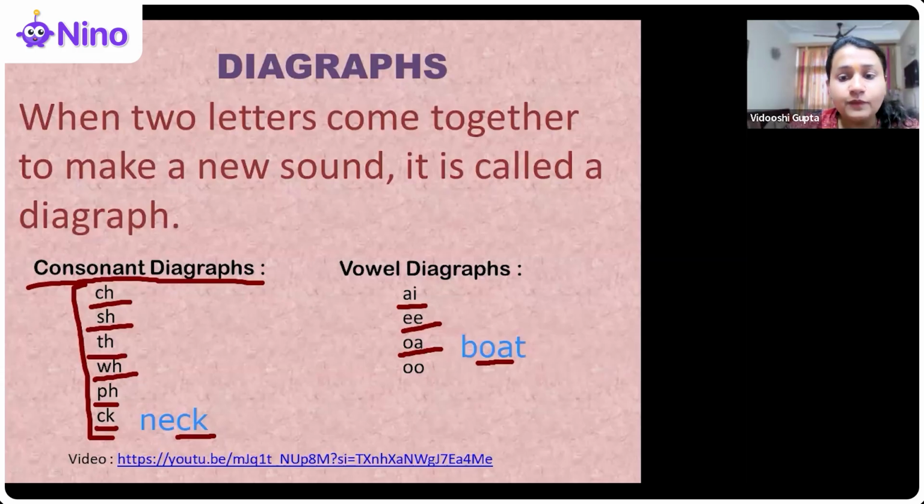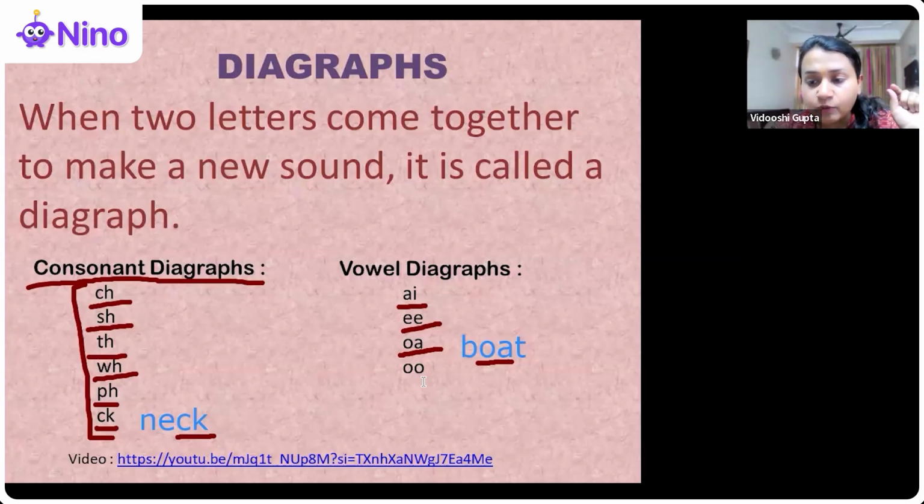Okay. Now we also have double O written together. Again, in double O we can have the long oo sound or the short oo sound. If we talk about short oo, the example can be book. But when we say long oo, moon. So the oo is stretching when we say moon.